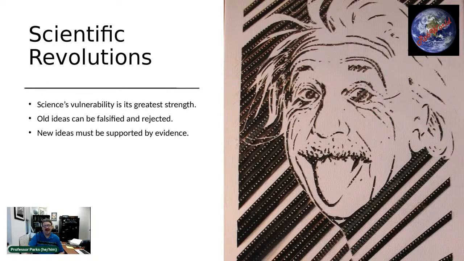What I want to say fairly quickly is that science, as I said, is provisional. Its biggest vulnerability is its greatest strength, in that it can be proved wrong. Science can only progress if it acknowledges that it can be proven wrong and someone does that. So, for example, classical mechanics. Classical mechanics was great for about 300 years, 400 years, somewhere in there.